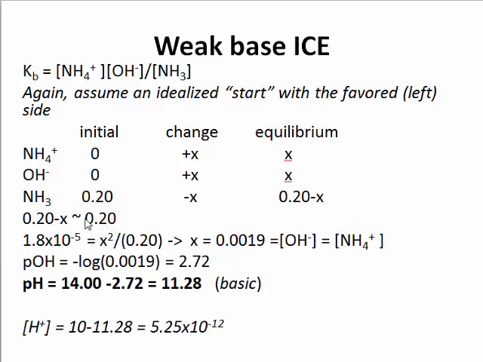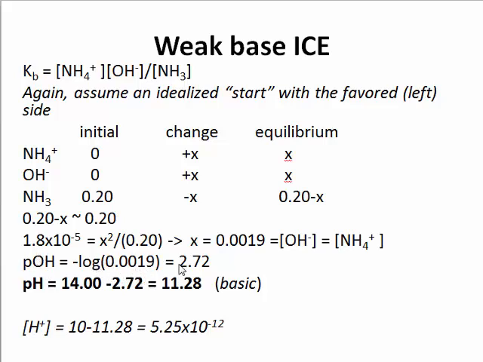Assume that X is sufficiently small to treat this like 0.20. Solve for X, and X is 0.0019. Remember, this is the hydroxide and the ammonium concentration. We're asked for the pH of this solution. We could take this hydroxide concentration and solve for an H plus concentration using Kw equals H plus times OH. Or we could use the approach I show here, which is to find the pOH.